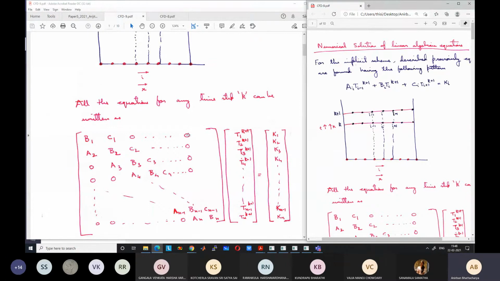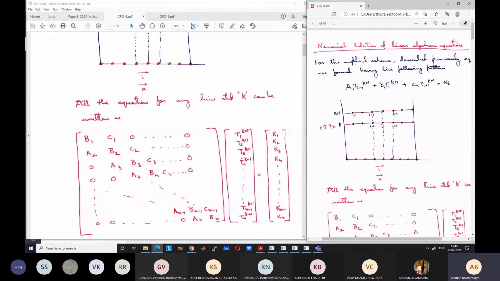Yes. Okay. What is the second equation by looking at this? For the second point, i equal to 2, A2 T1 k plus 1, since the left neighboring point is T1, plus B2 T2 k plus 1 plus C2 T3 k plus 1.